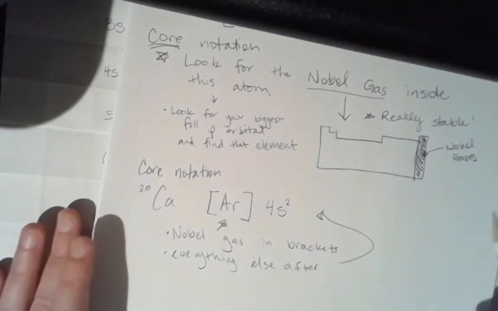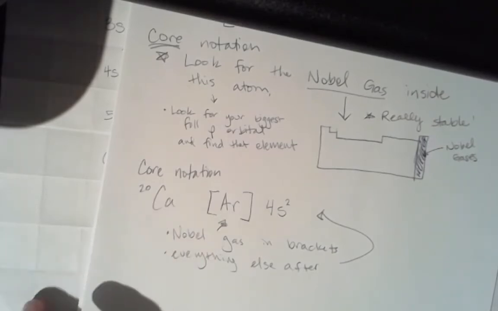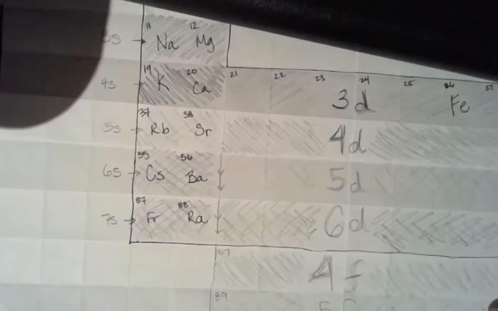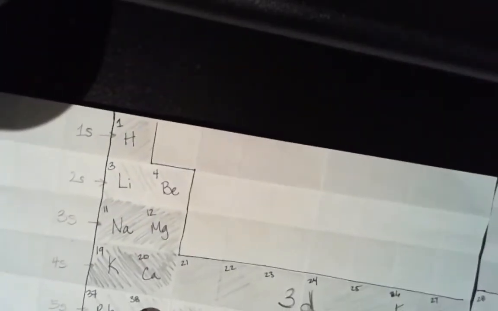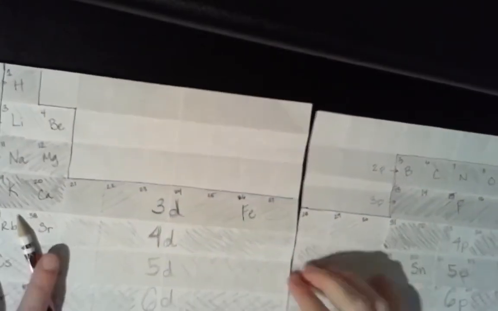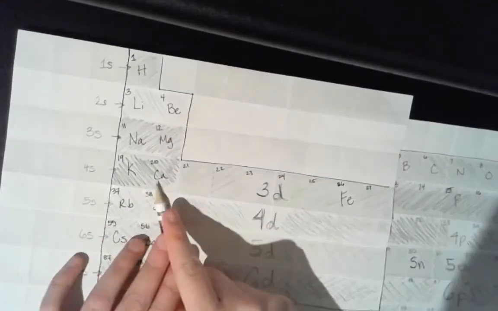Okay. The other way to find the noble gas inside is to backwards typewriter your periodic table. So if we're looking at calcium, here's calcium, and we just take ourselves backwards and up instead of forwards and down. So typewriter is going to get to the end of a row and ding, back down to the beginning. Backwards typewriter, it's a joke.